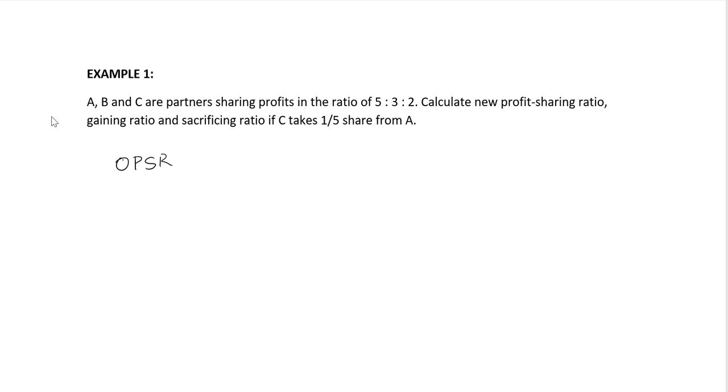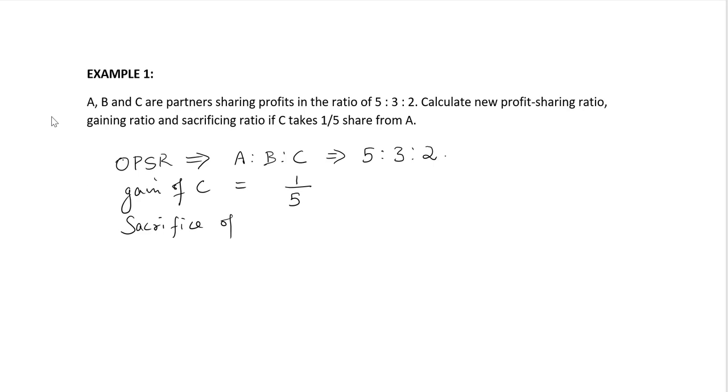OPSR, which is the old profit sharing ratio between A, B and C, is given as 5:3:2. Now it says that C takes 1/5 share from A. So gain of C is equal to 1/5 and sacrifice of A is also equal to 1/5.